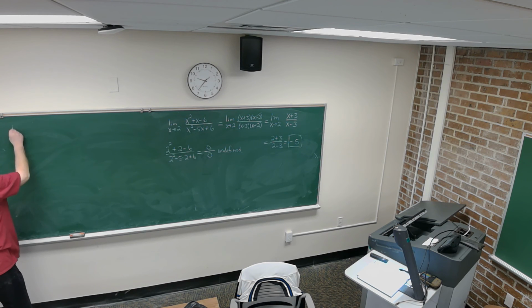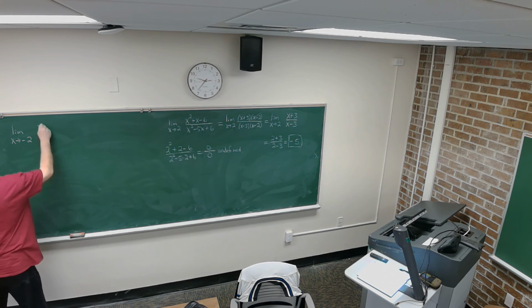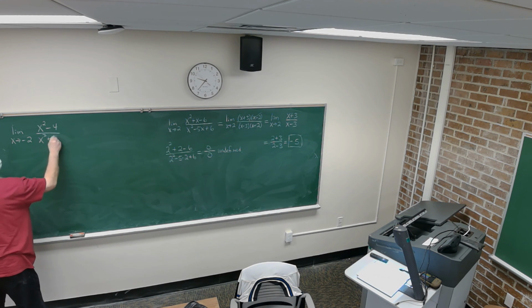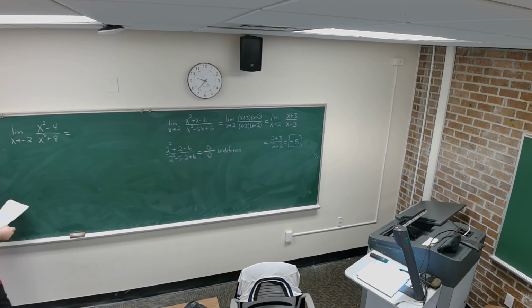All right, and the next one, we have x squared minus 4 over x cubed plus 8. And we simplified that one on page 2 as well. That was the second problem on page 2.